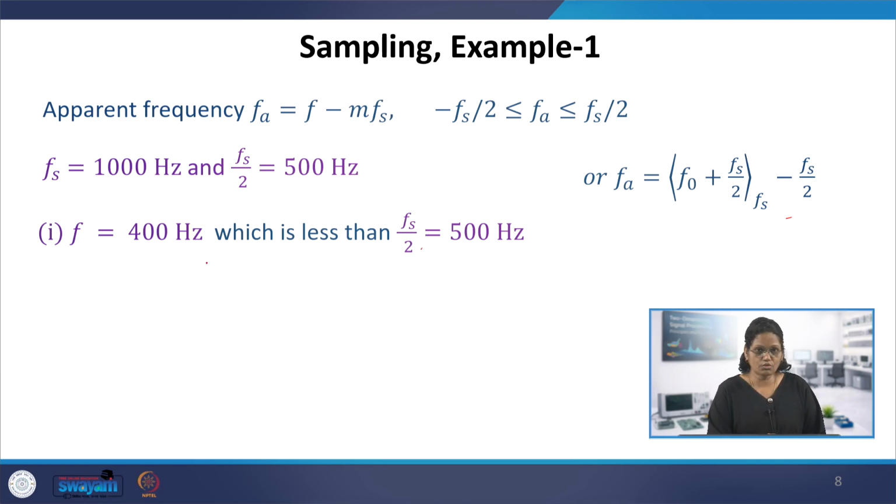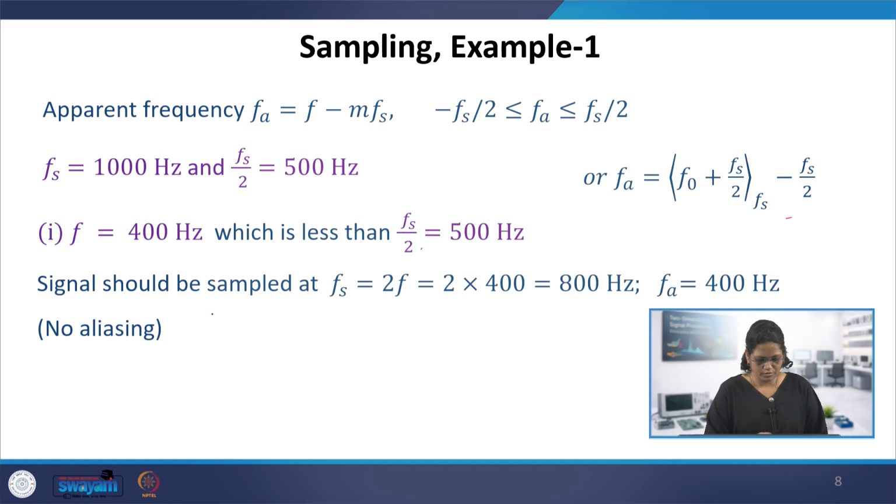So, there is no issue of aliasing in this case. It should be sampled at 800 hertz, but Fs is more than that, so no aliasing due to sampling. So, the apparent or reconstructed frequency would be 400 hertz itself, and we can recover it easily with the low pass filter.